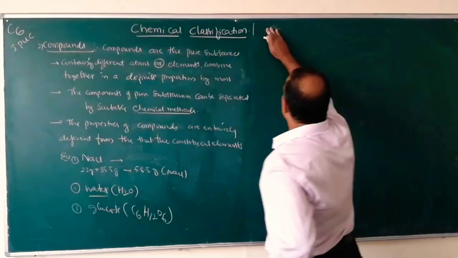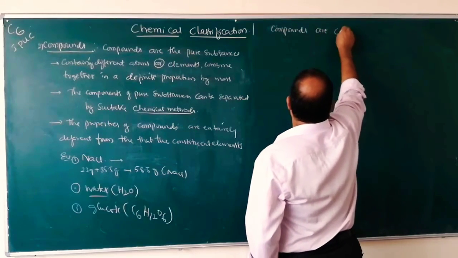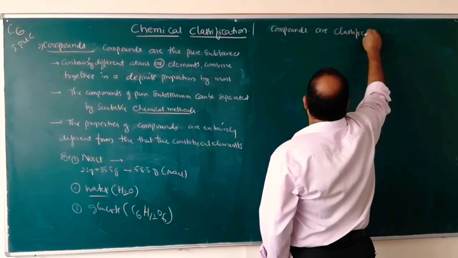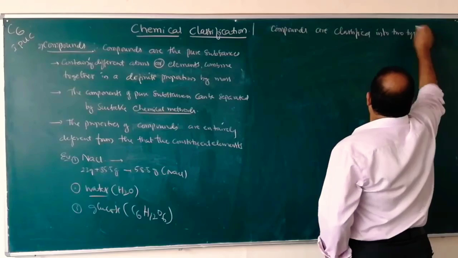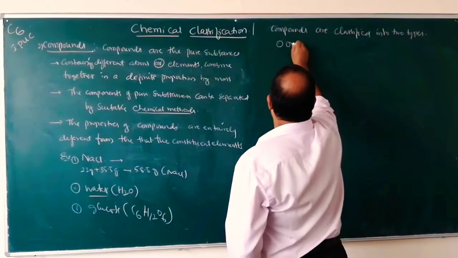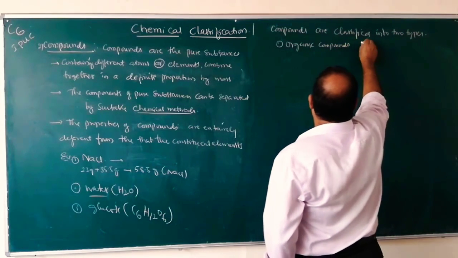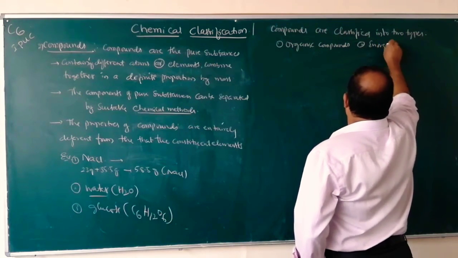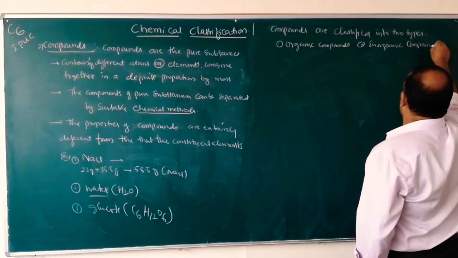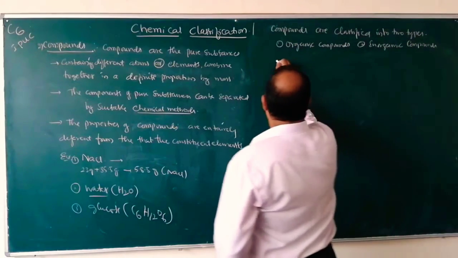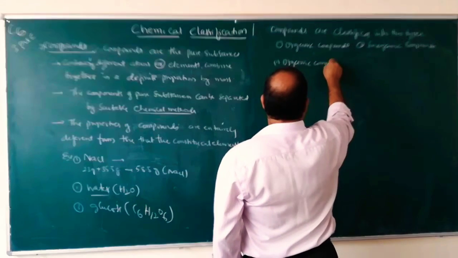Write down: compounds are classified into 2 types. Number 1, organic compounds, and number 2, inorganic compounds. So first we will know what organic compounds are. What are organic compounds?